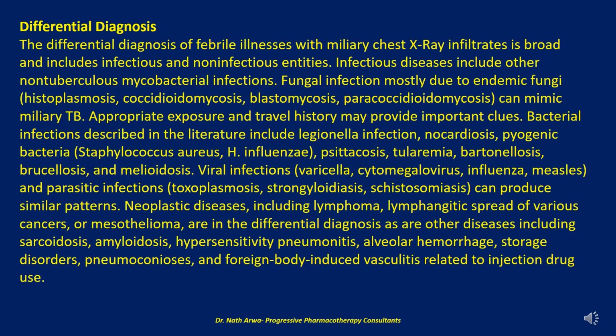Neoplastic diseases, including lymphoma, lymphangitic spread of various cancers, or mesothelioma, are in the differential diagnosis, as are other diseases including sarcoidosis, amyloidosis, hypersensitivity pneumonitis, alveolar hemorrhage, storage disorders, pneumoconiosis, and foreign body-induced vasculitis related to injection drug use.